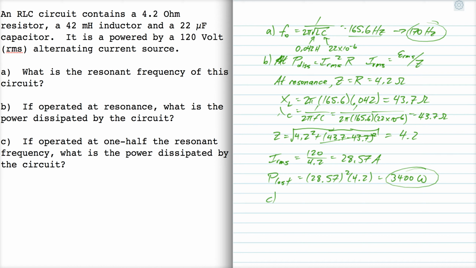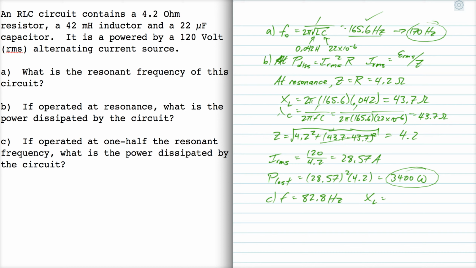Now for part C, we're going to operate at 1/2 the resonant frequency. That is going to knock down the current quite a bit. Okay, so half the resonant frequency would be 82.8 hertz, right? Keeping these significant figures up here so I don't lose any precision.